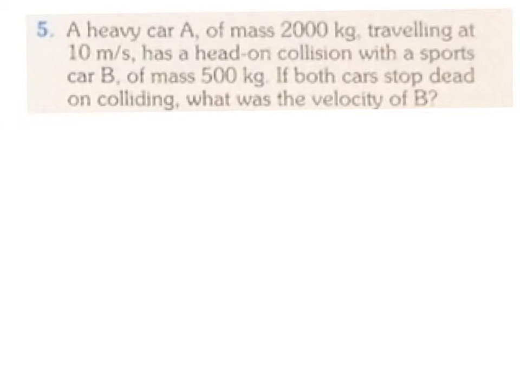Question 5. A heavy car A of mass 2,000 kilograms travelling at 10 meters per second has a head-on collision with a sports car B of mass 500 kilograms. If both cars stopped dead on colliding, what was the velocity of B? So this is interesting because they say stop dead.